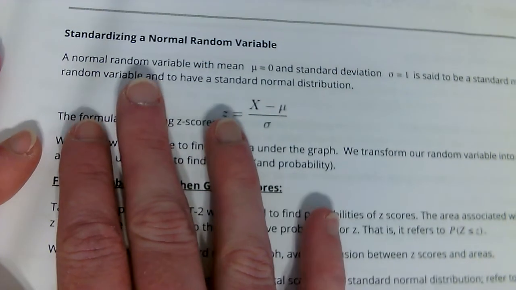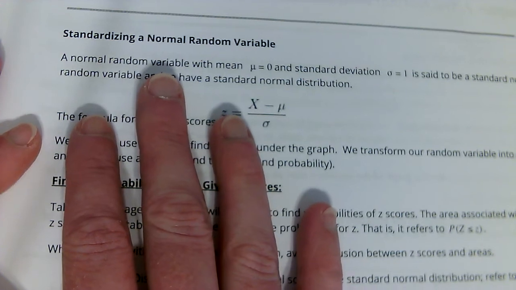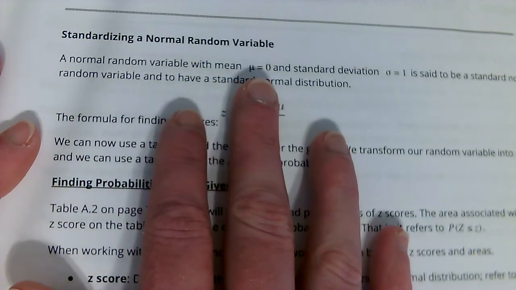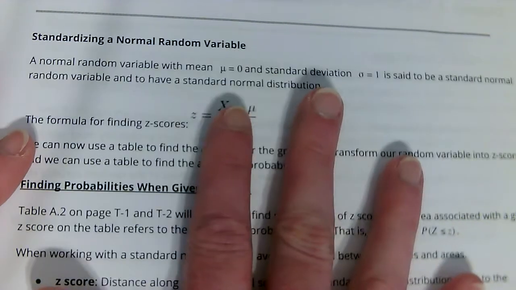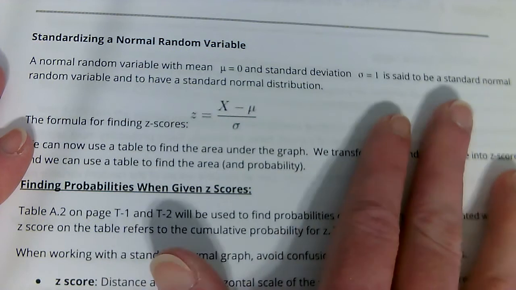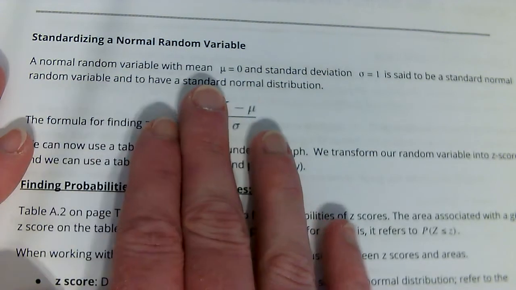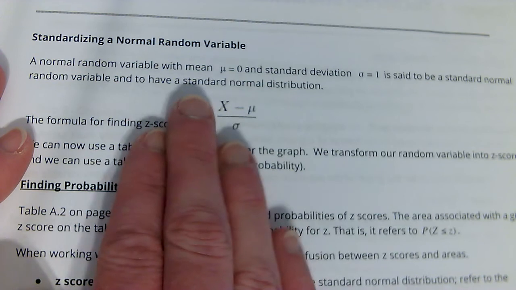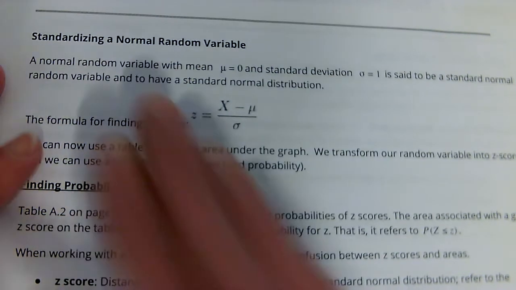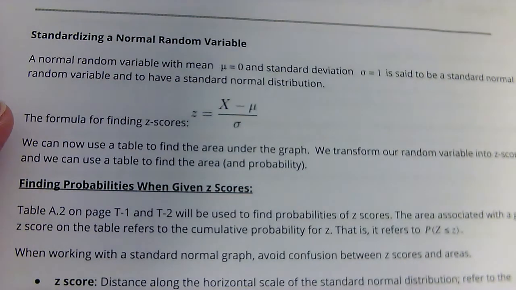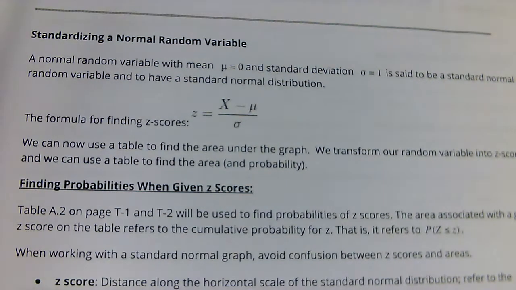Now, when we consider a normal random variable with a mean of 0 and a standard deviation of 1, this is said to be a standard normal random variable and a standard normal distribution. We call this a z-score.